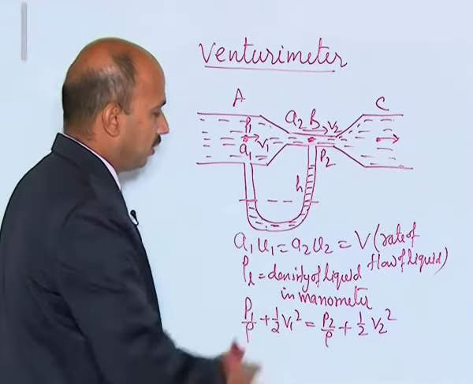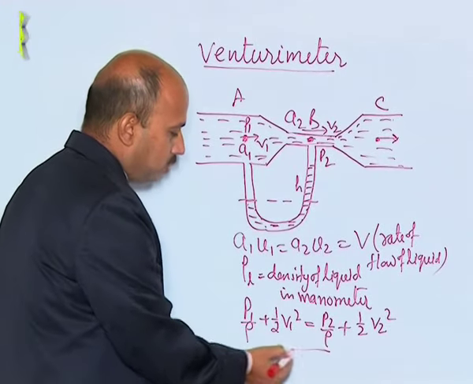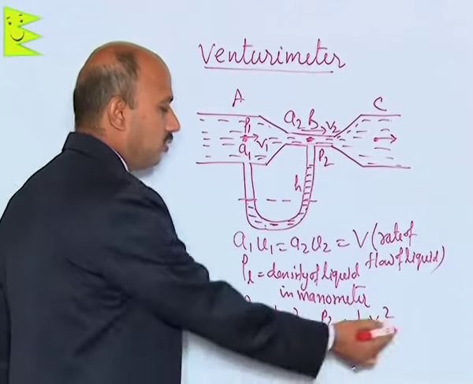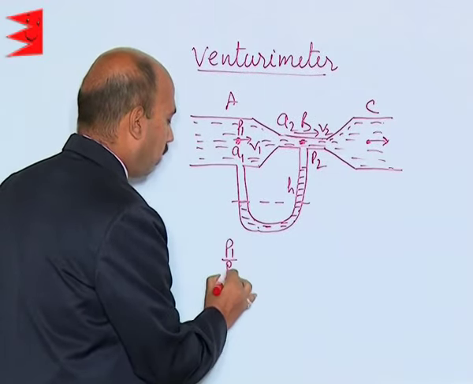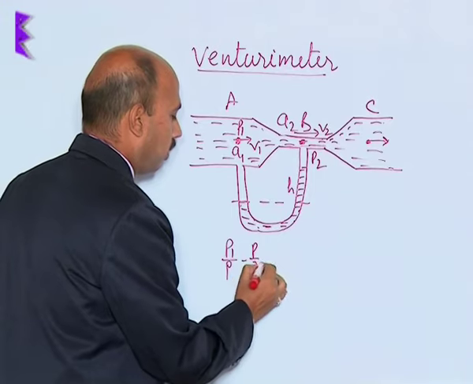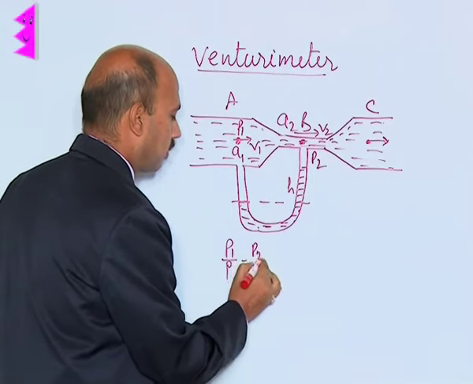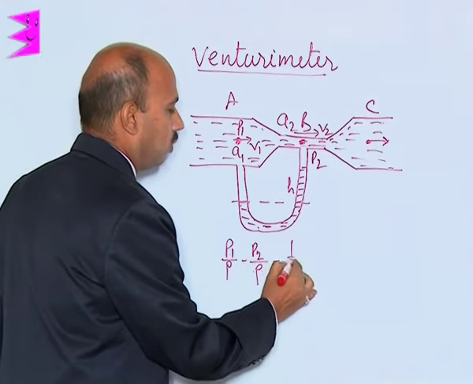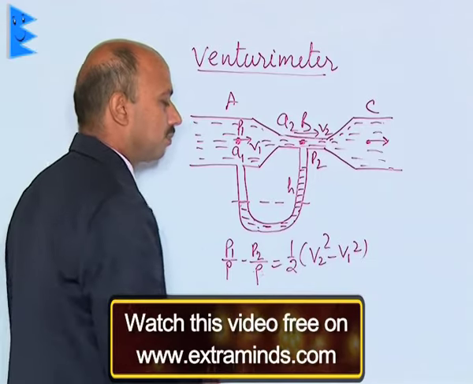Now in this case, we can take the pressure terms to one side and the velocity terms to the other side. We get P1 upon rho minus P2 upon rho is equal to half of V2 square minus V1 square.